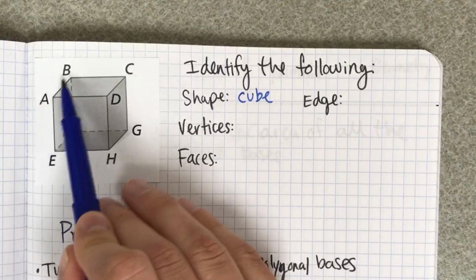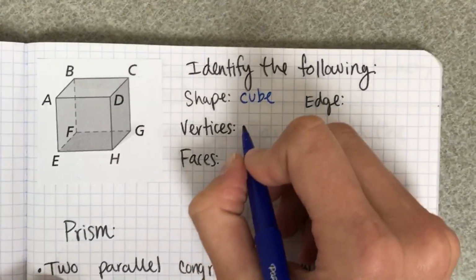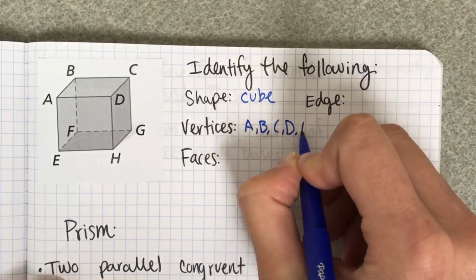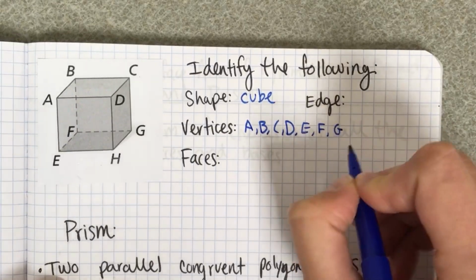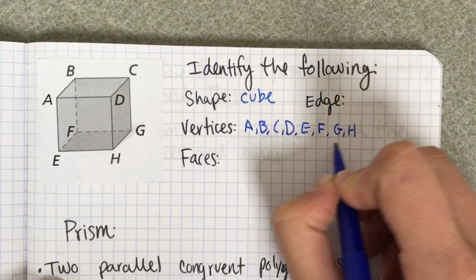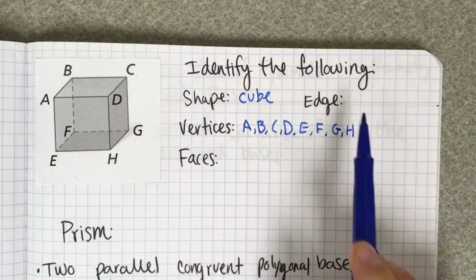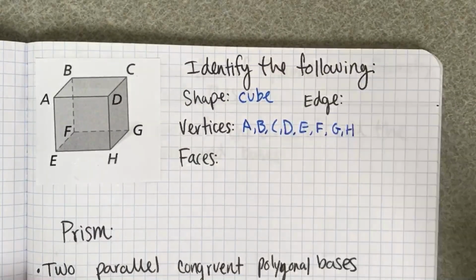So we've got 8 different points here, okay? All right, A, B, C, D, E, F, G, H, okay? Our edges, all right? Those are those lines.